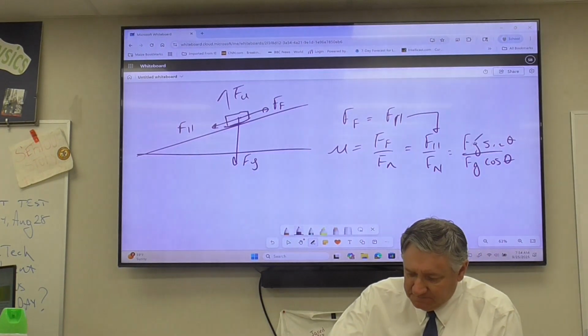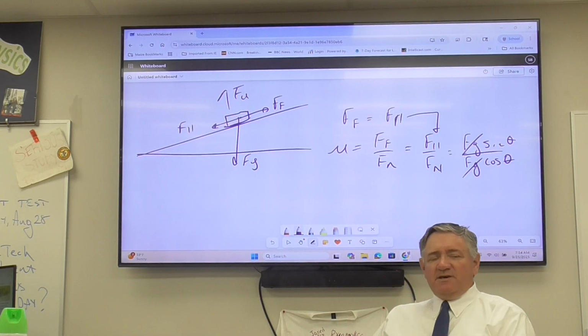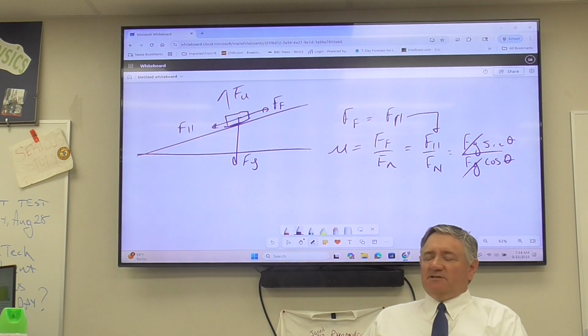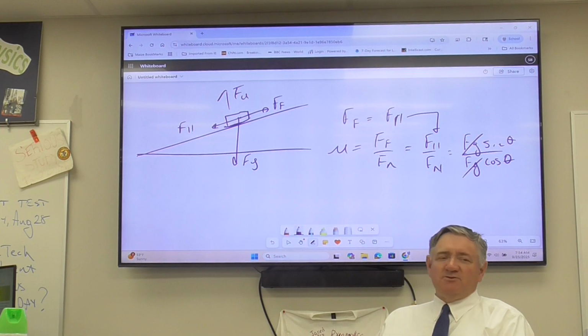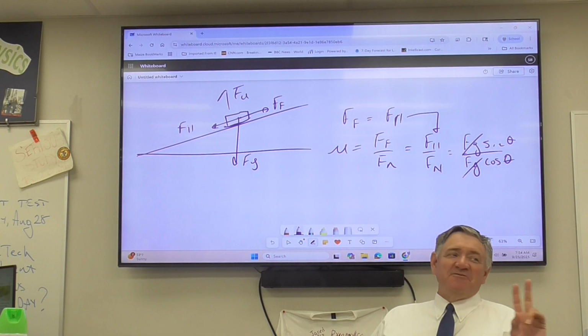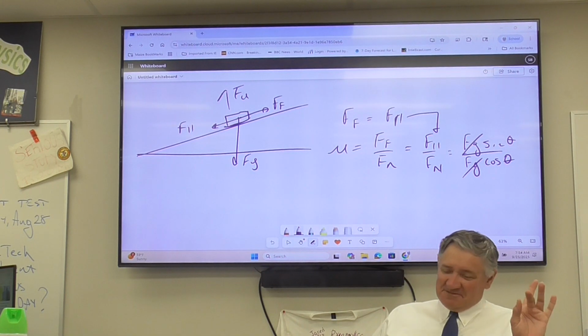Fg's cancel out. So for those of you that have studied trig identities, this is your one chance outside of a math classroom to use trig identities. What's sine over cosine? Tangent. This is your one shot to ever use trig identities outside of a math class. Glad you took it.